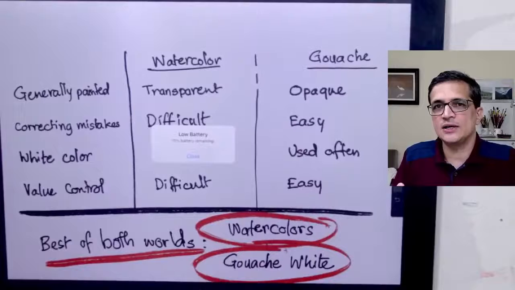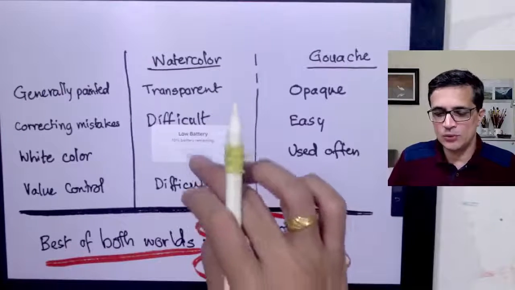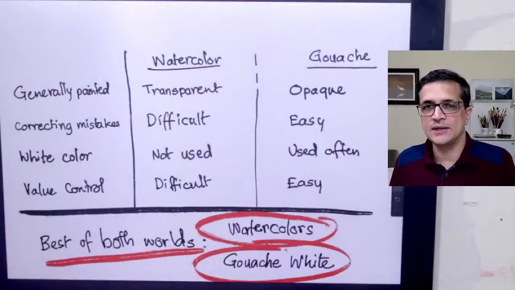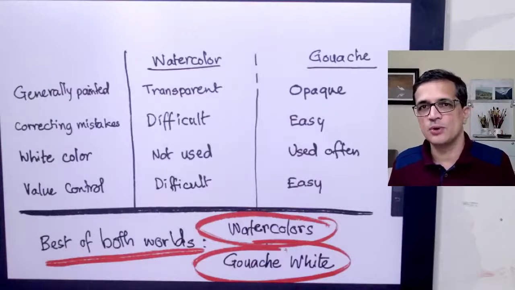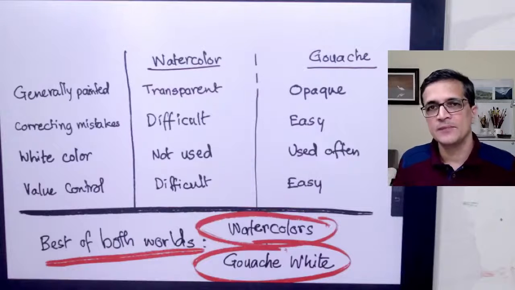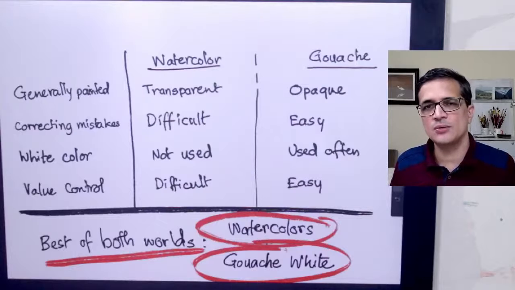In terms of expenses, you won't have to buy gouache separately. You can just buy one more tube of opaque white gouache, and you are good to go. So that's all about the answer to this question.